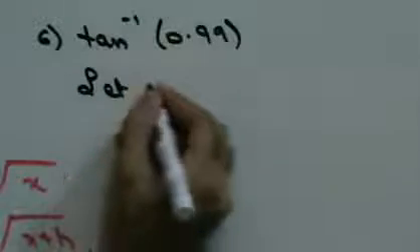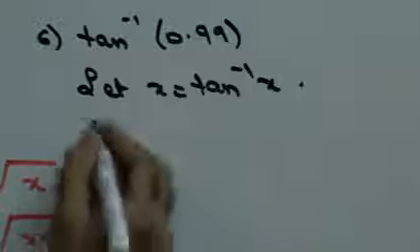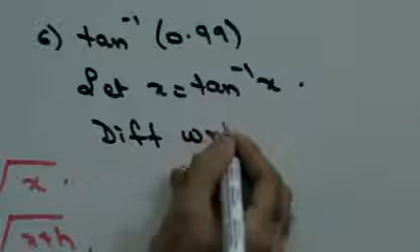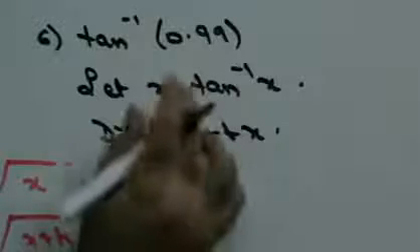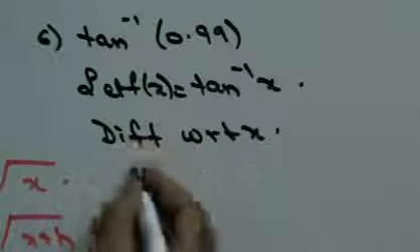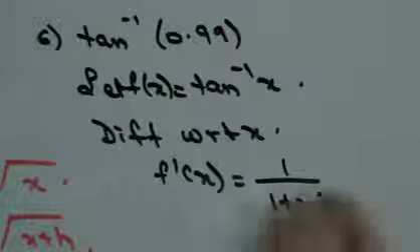Same method, let f of x be equal to tan inverse of x, differentiate with respect to x. So I'll get f bar of x. dy dx of tan inverse of x is 1 upon 1 plus x square. I can say again f of x is tan inverse of x.